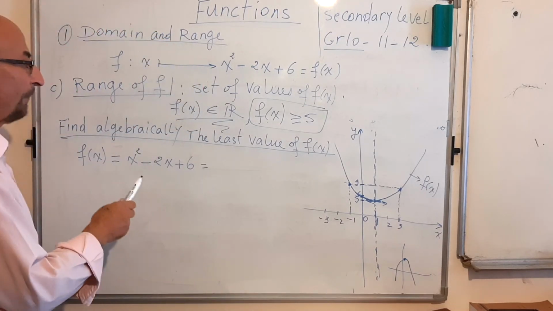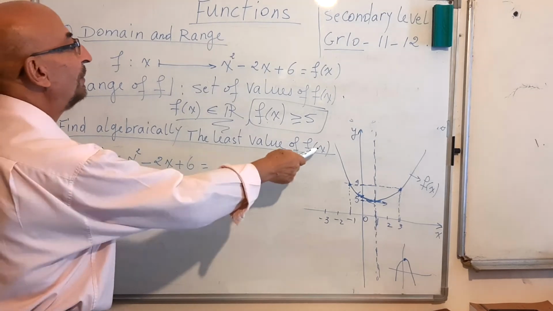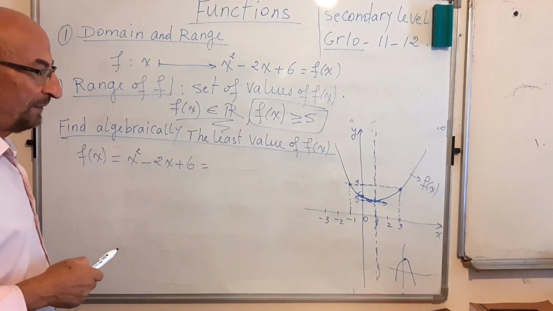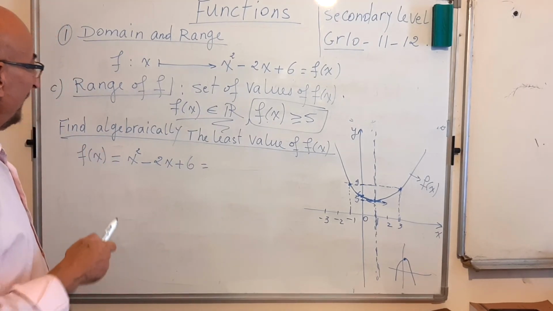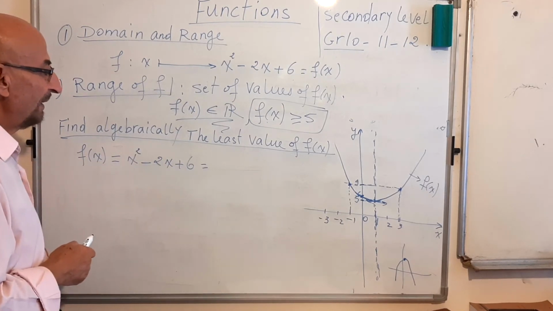Now we have to find algebraically the least value of f of x. f of x equals x² minus 2x plus 6.